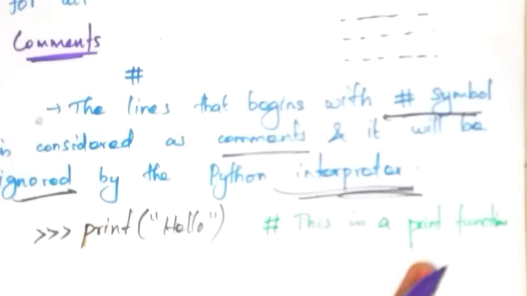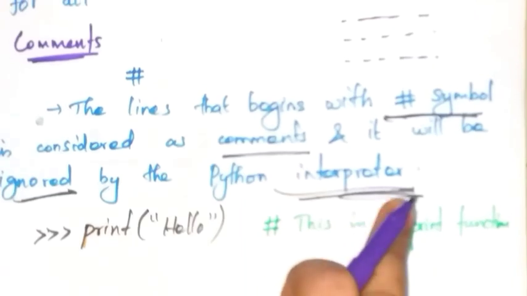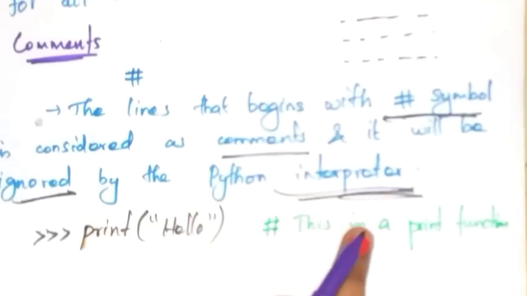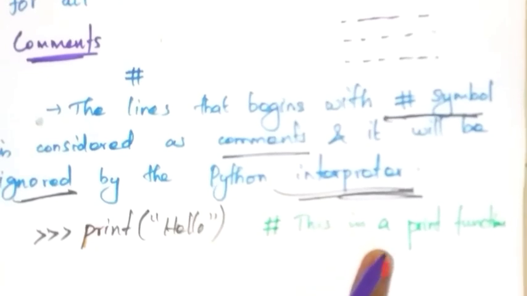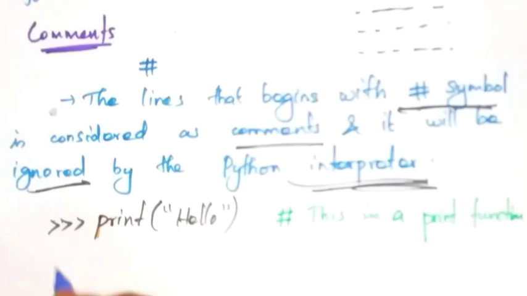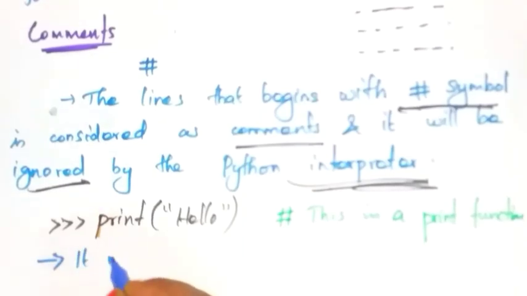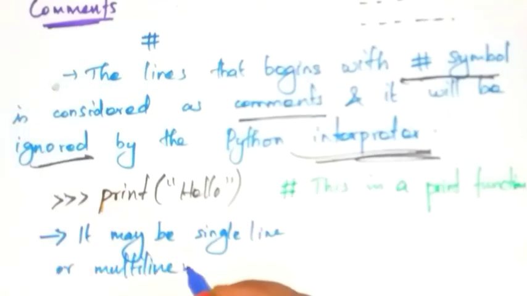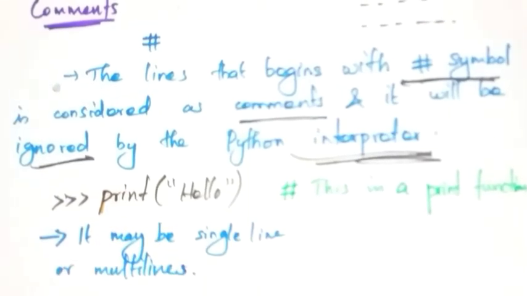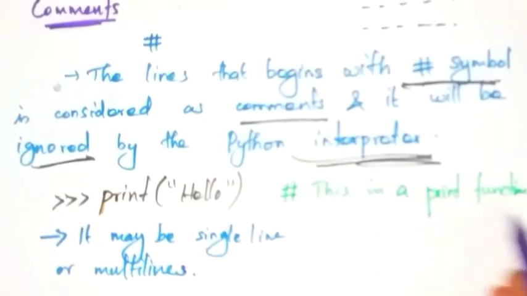This comment is used for explaining Python code, which means programmers can easily understand the program by the use of comments. So the next point, it may be single line or multi-line. Which means this is a single line comment.